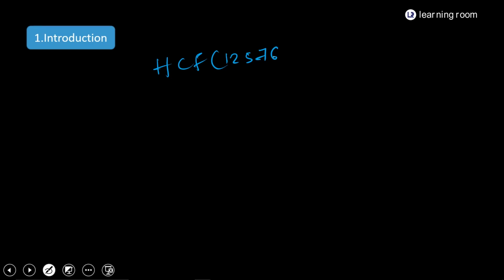So for this, we are using this lemma, right? What is the lemma? Euclid's division lemma. Euclid's division lemma says that we can express 12576 as some quotient into 4052 plus remainder, right?